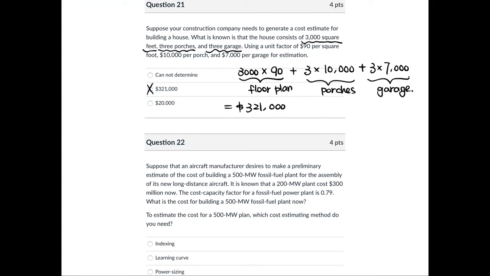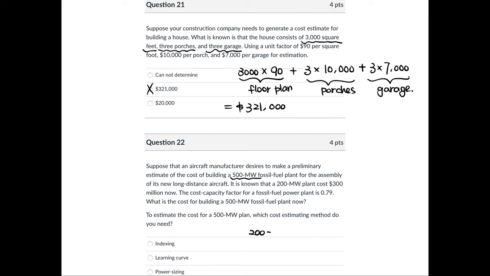Next question. Suppose that an aircraft manufacturer desires to make a preliminary estimate of the cost of building a fossil fuel plant. The size of it is 500 MW. So this is the size for a plant. It is known that a 200 MW plant costs 300 million now.